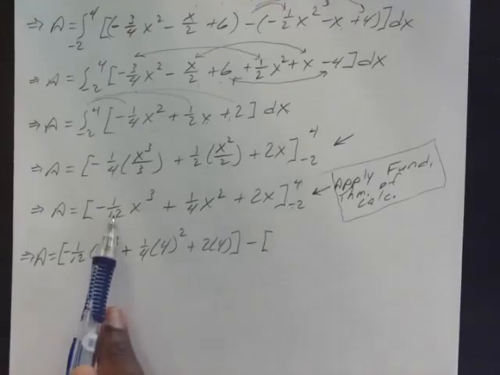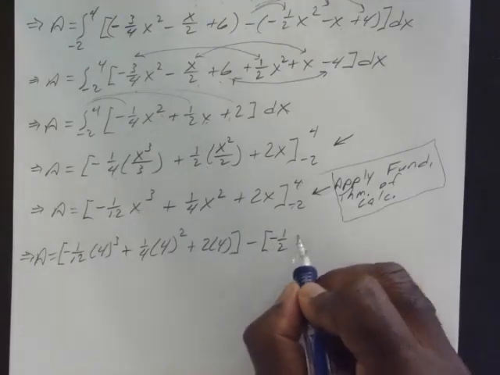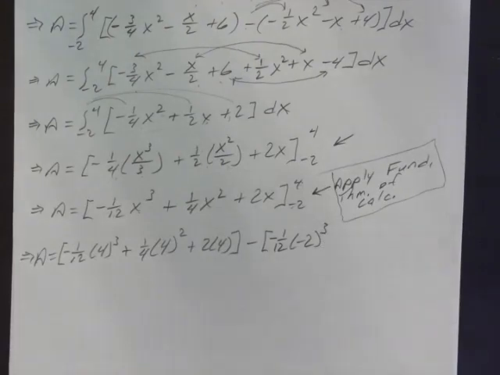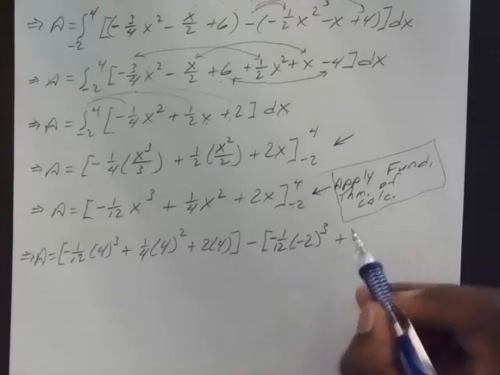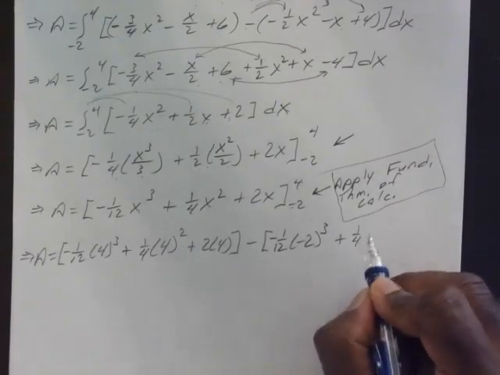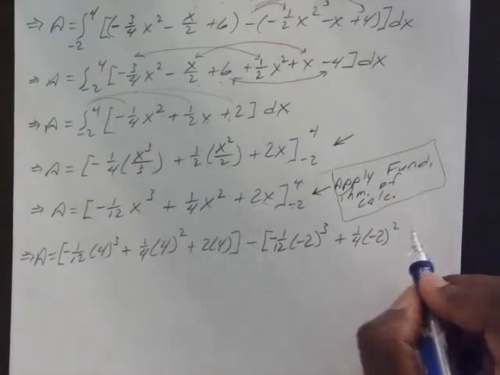So that's negative 1/12 times negative 2 to the 3rd power. Plus 1/4 times negative 2 squared plus 2 times negative 2.